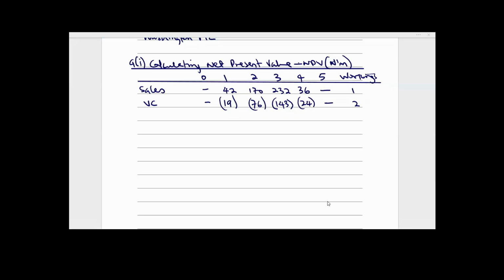But incremental, direct, specific, or attributable fixed costs are all relevant fixed costs. So in this question, examiner has told you that there is a fixed cost of 10 million naira per annum. I don't know whether it is relevant or not.